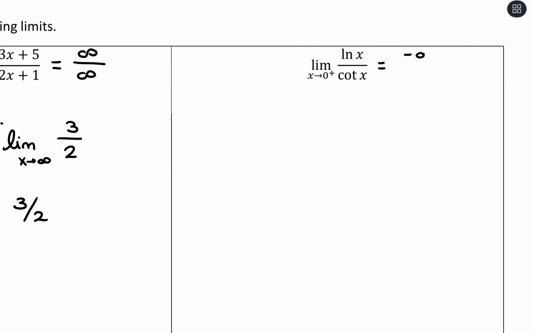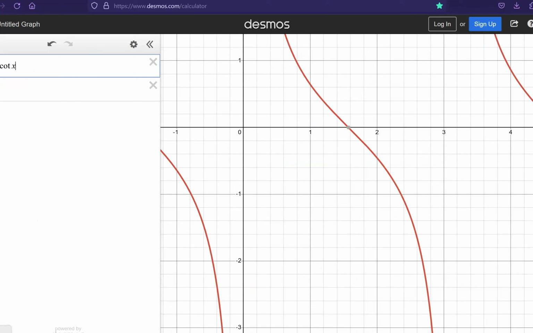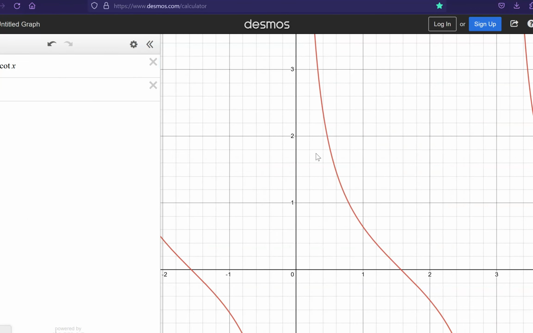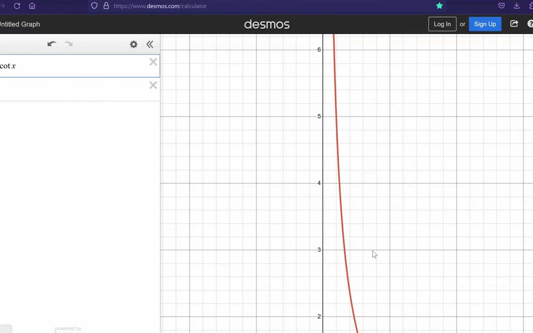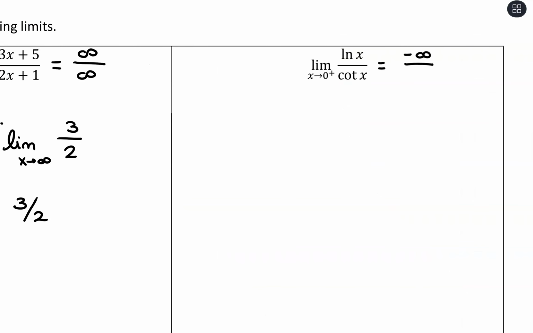So up there we would be getting a negative infinity out, and evaluating that limit as x approaches 0 from the right of cotangent of x, we would be seeing a positive infinity coming out. So just to the right of 0, we'd be going off to positive infinity.